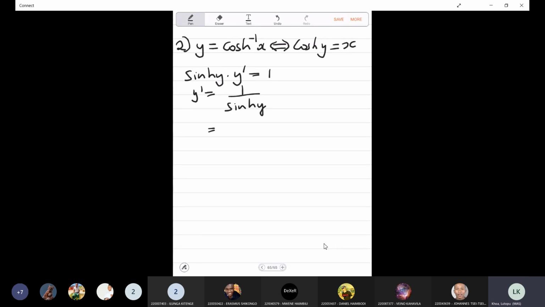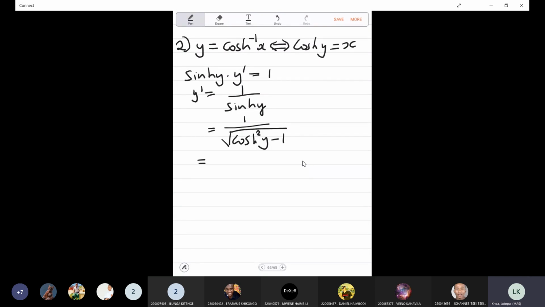This is 1 over the square root of cosh squared minus 1. Okay, and then this y over here, we replace it with this value over here, because we want our final answer to be in terms of x.